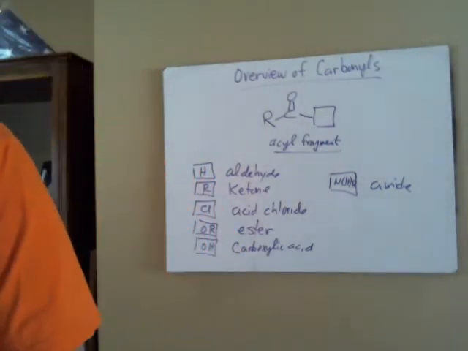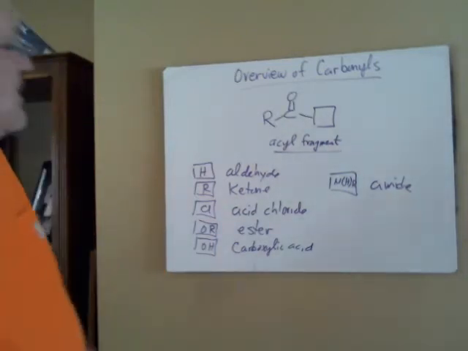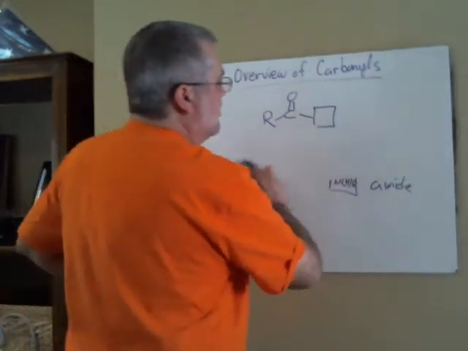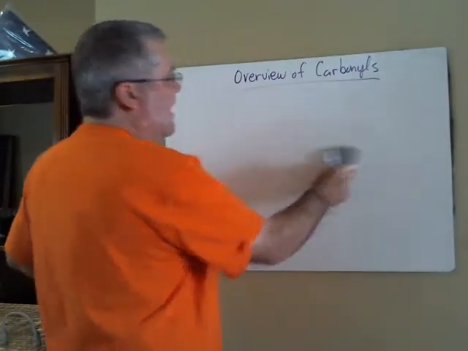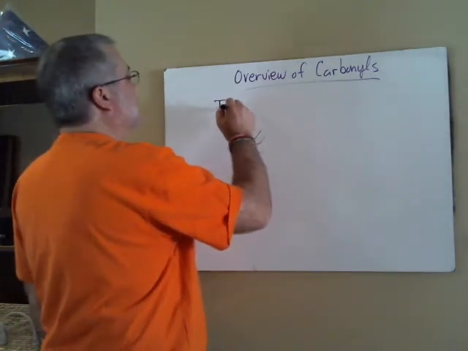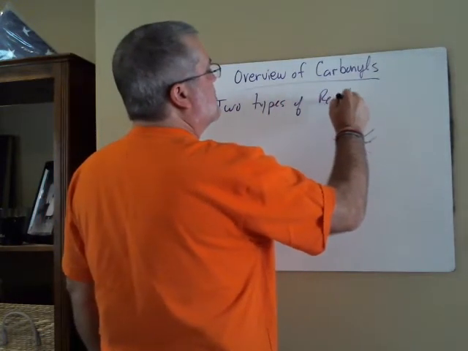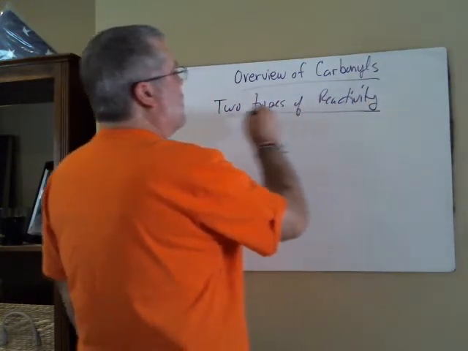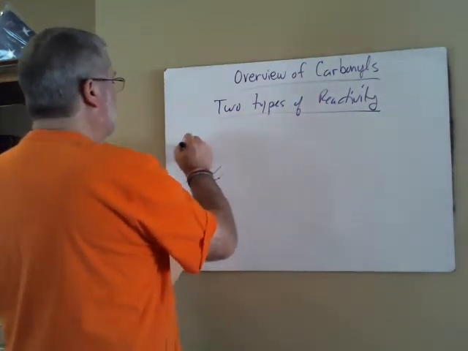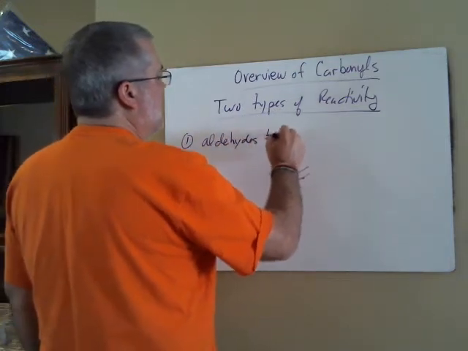So looking at reactivity, kind of said in general just a second ago, but more specifically, depending on what is attached to the acyl group, we basically have two types of reactivity for our carbonyl compounds. And it all depends on what's in the box. The first of those is aldehydes and ketones.